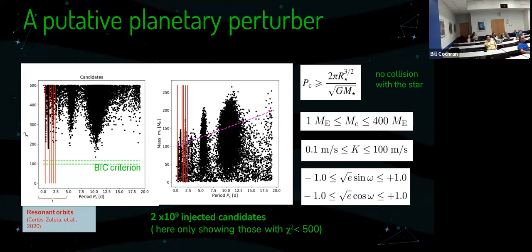So the two models are the one with just one planet and the one with 2 planets, and of course 2 planets will have double the orbital parameters.